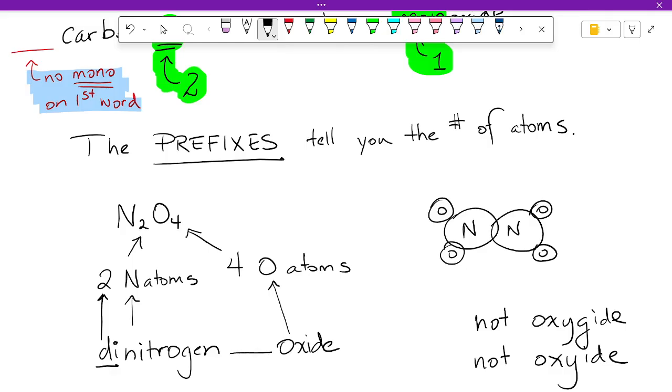What goes on the front there? We want something that means 4. Tetra. And because it's in front of oxygen, again, tetraoxide sounds kind of weird. So we actually drop the A. So it becomes tetroxide.